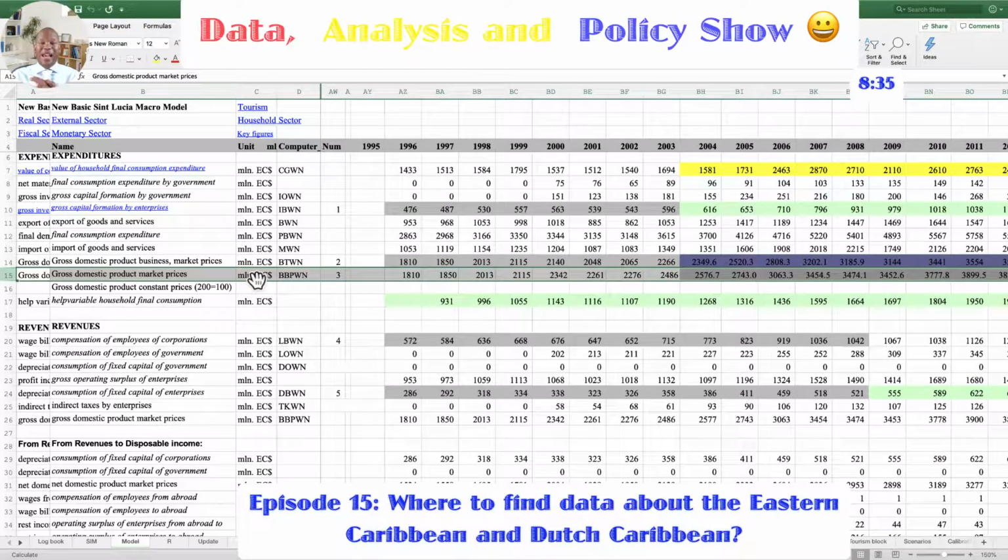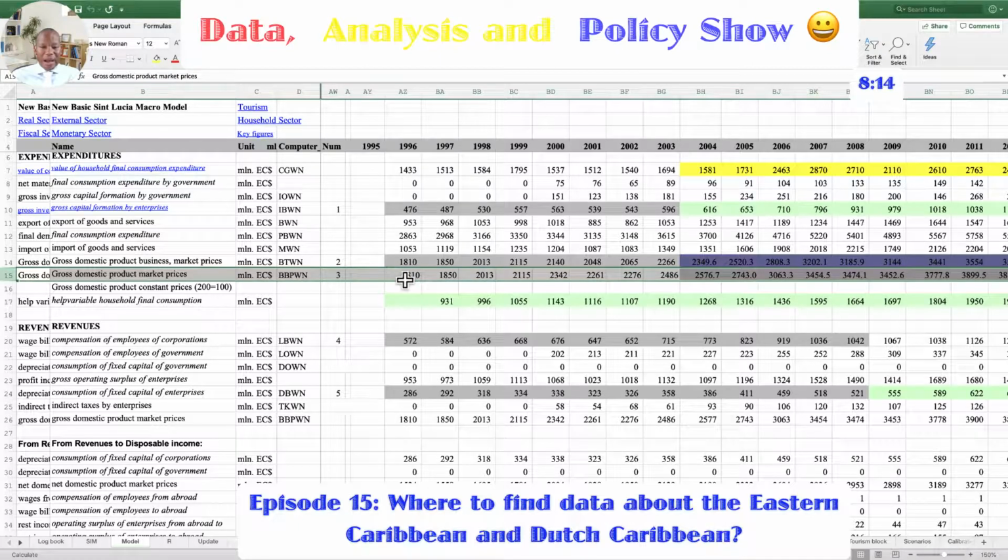That means they have the same kind of money, and also the same exchange rate. So all the islands in the Eastern Caribbean have the same exchange rate. That's what the central bank is trying to do.